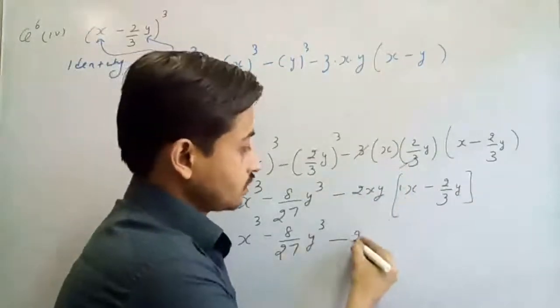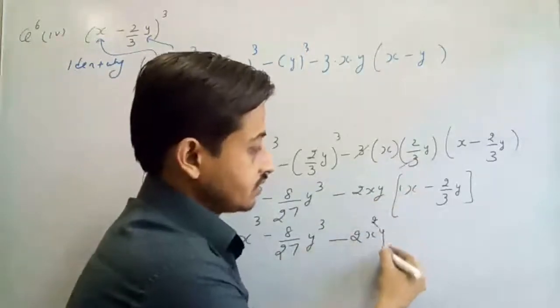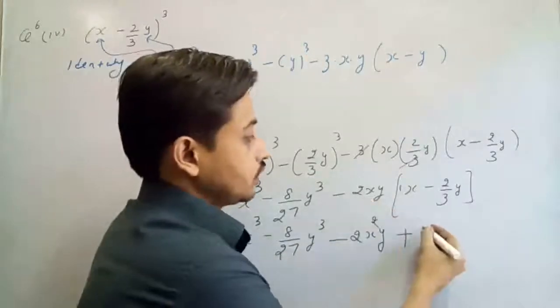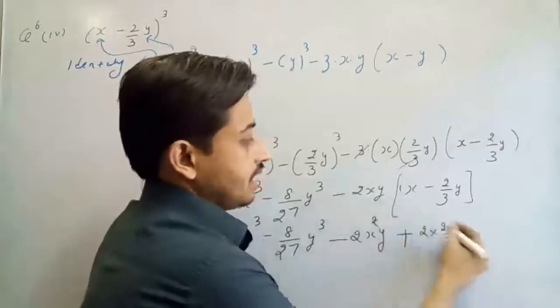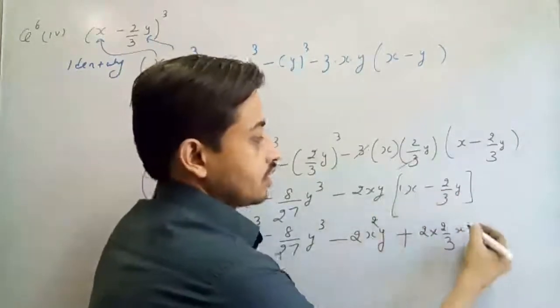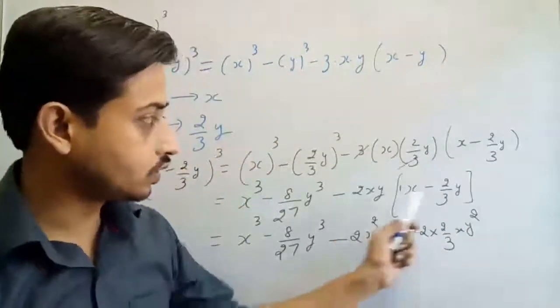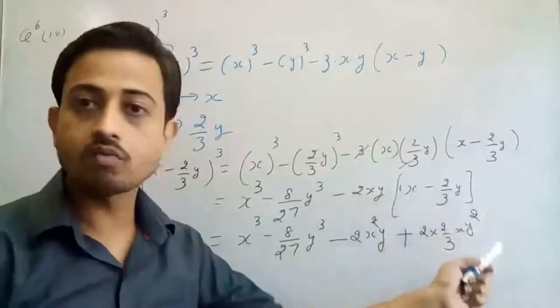Minus 2 into 1, minus 2x into x, we get x square, y as it is. Now negative negative becomes positive. 2 into 2 by 3, x as it is, and y into y, we get y square.